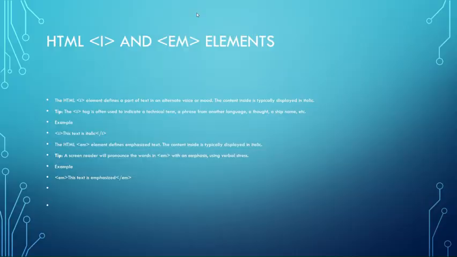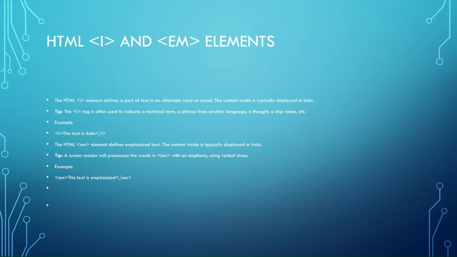So we have some more elements here. Let us check it. There are two more elements about which people are also confused, whether it is italic or emphasized. So let us know more about it.